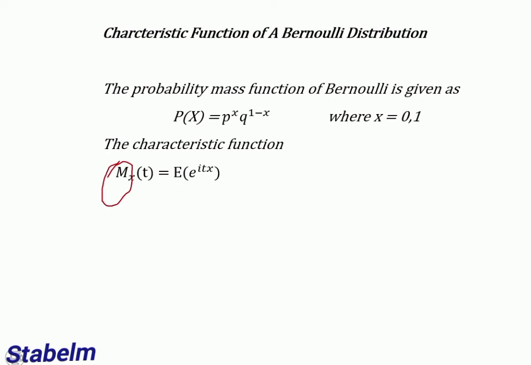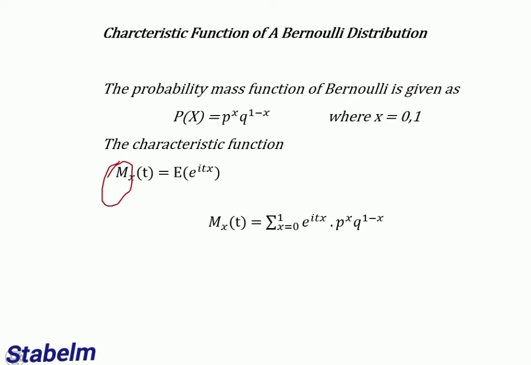So merging this together, now we have M subscript X of t equals the summation from x equals 0 to 1, like we said the other time, of exponential iota tx multiplied by p raised to the power x, q raised to the power 1 minus x. So this is the characteristic function.